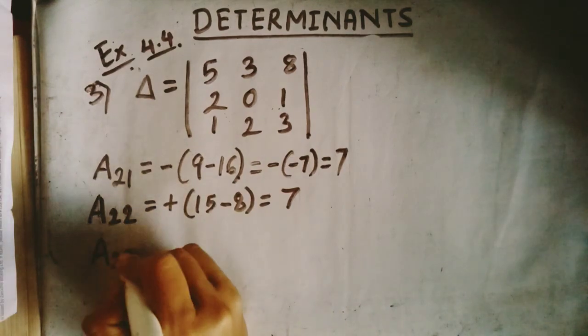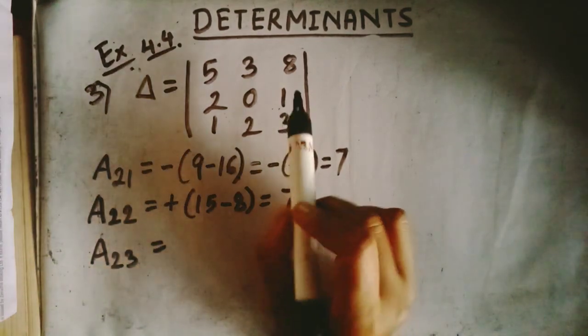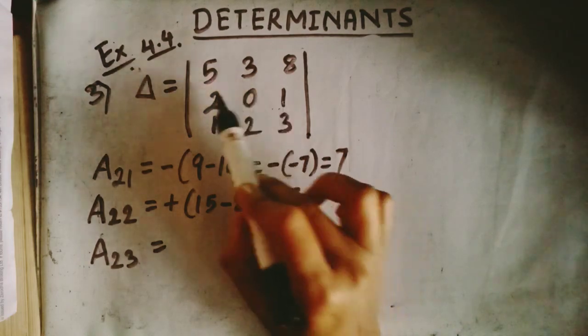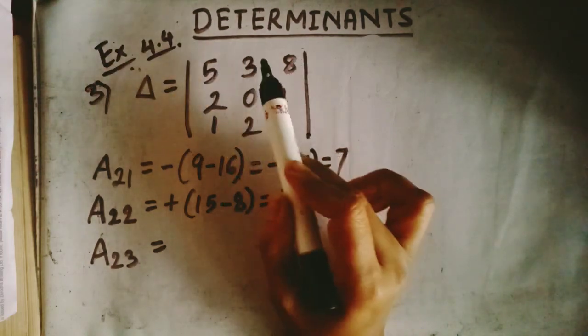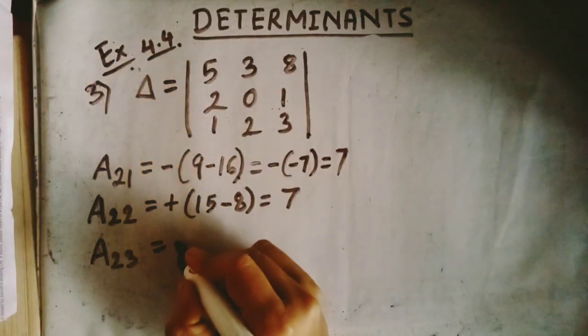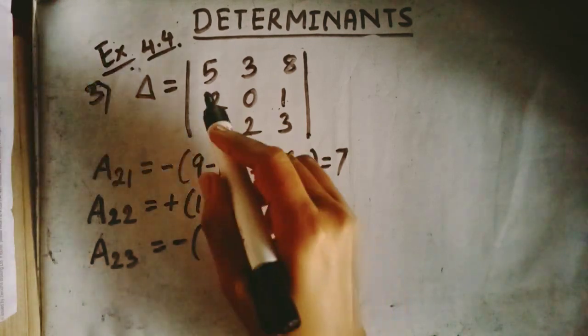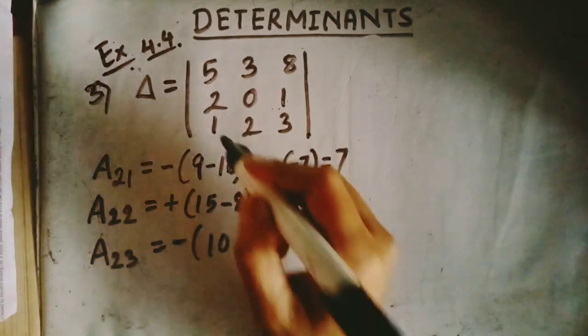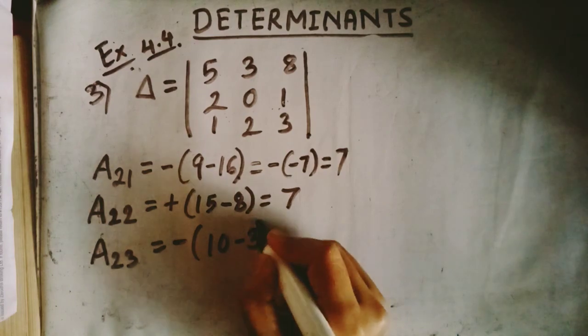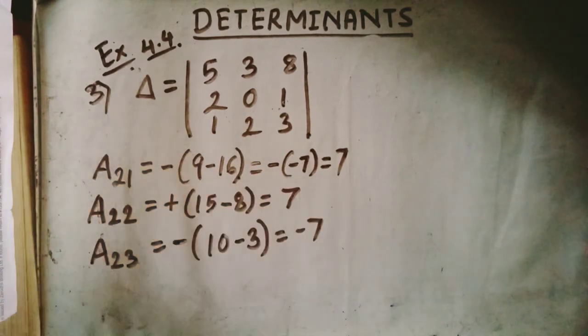Then 8 2 3, this element, so this will be 10, and this is minus, right? 5 2s are 10, minus 3, so this is minus 7.